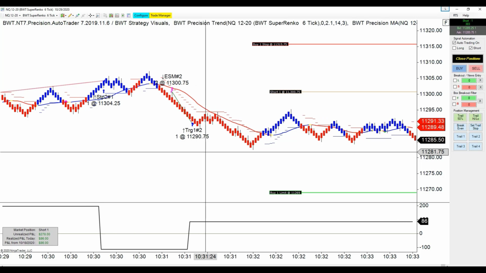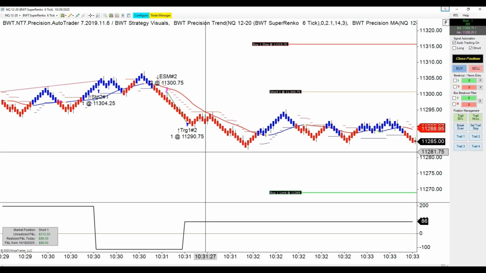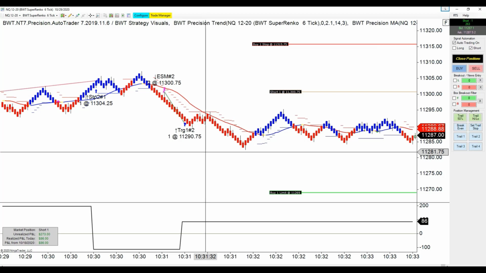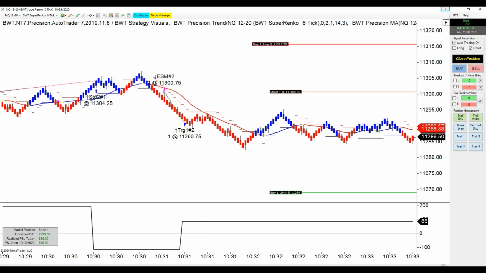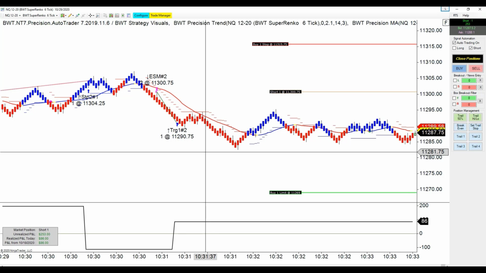So I'm not sure about the math, but actually it's okay because as soon as my daily target of 500 is hit, then the Autotrader is going to take me out with a profit anyway. I don't think my target needs to be this low, but I just want to make sure that the daily target is hit.